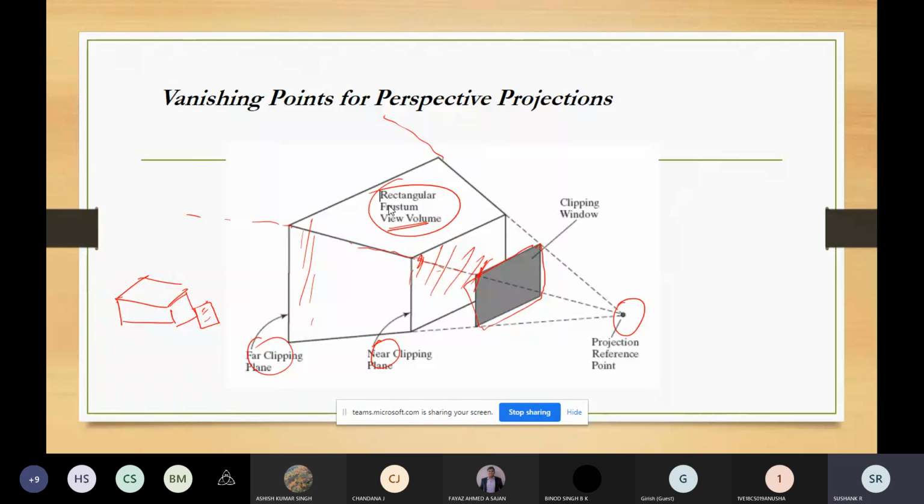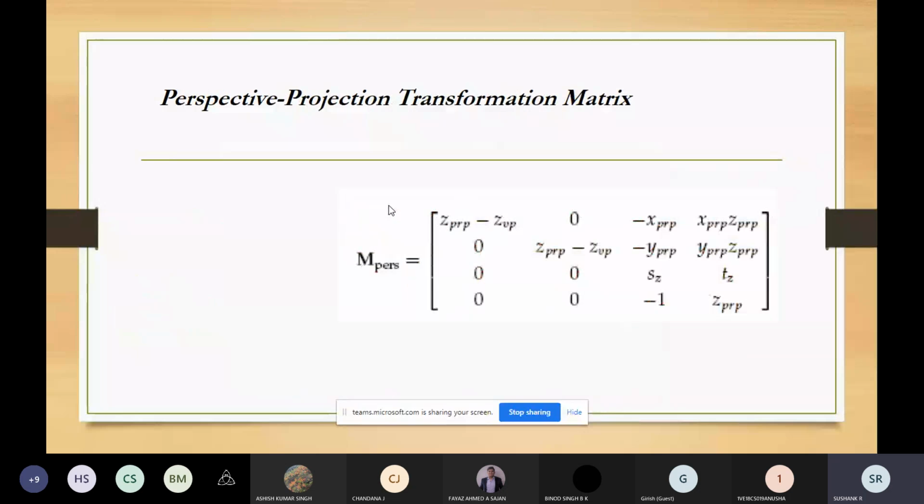So this is how it is being constructed for perspective projection. For this we have the transformation matrix also, where we are using the homogeneous representation.